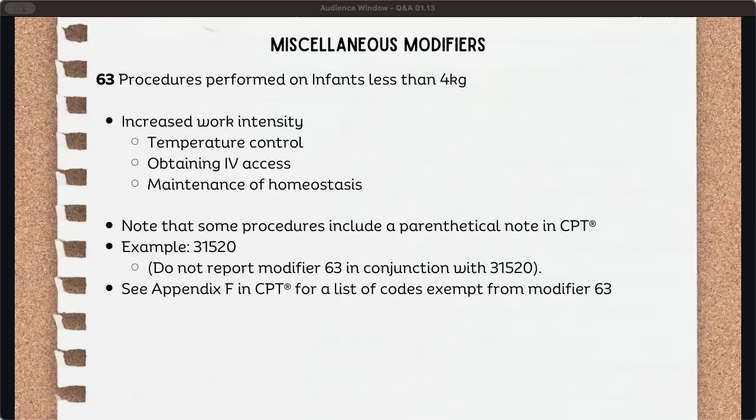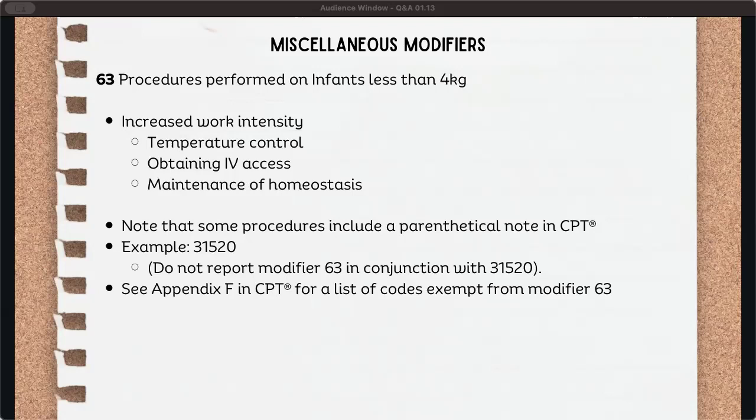Also, you can have an instance where the CPT code description for a certain code could already indicate that the procedure is being done on an infant less than 4 kilograms. So if that's the case, then appending that modifier 63 would be redundant. So it would be inappropriate.